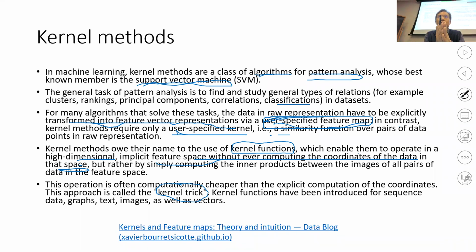It allows you to compute the covariance or dot product of data points in high dimensions, not directly, but using the kernel function, and you achieve the same results.